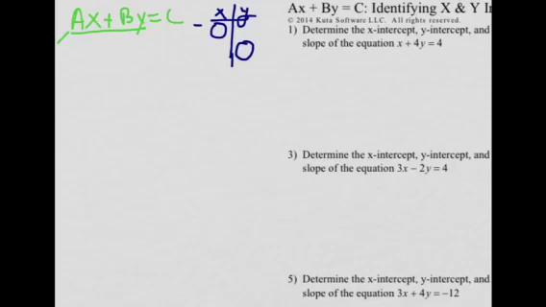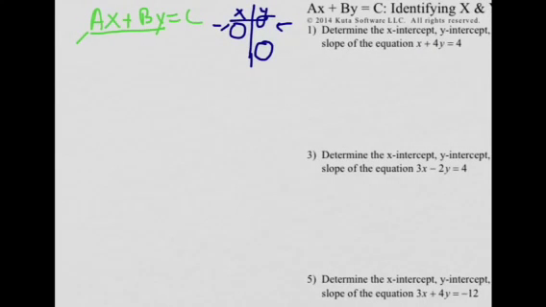It says, let x equal 0, and then let's find y. And that's all you do. So for example, number 1: x plus 4y equals 4. I look at my graphic organizer and let x equal 0.